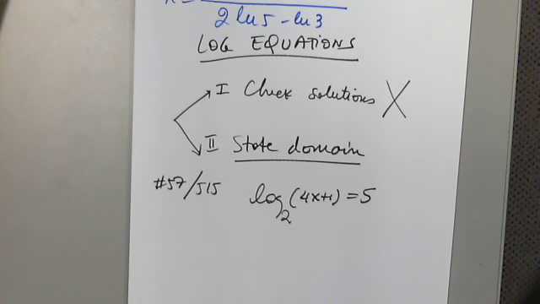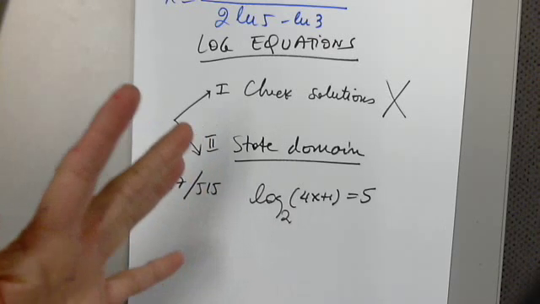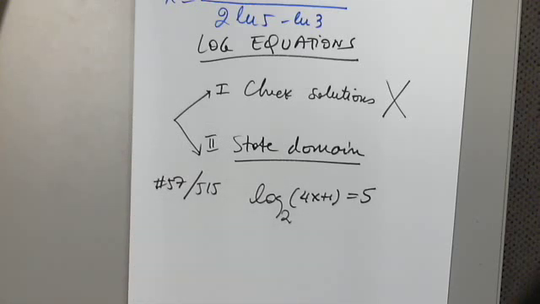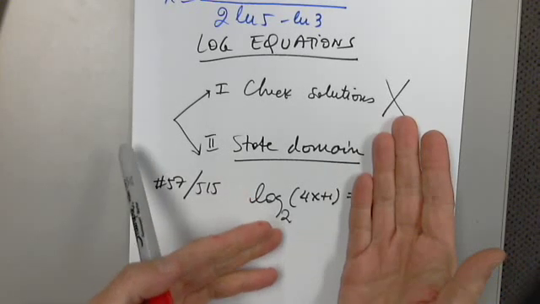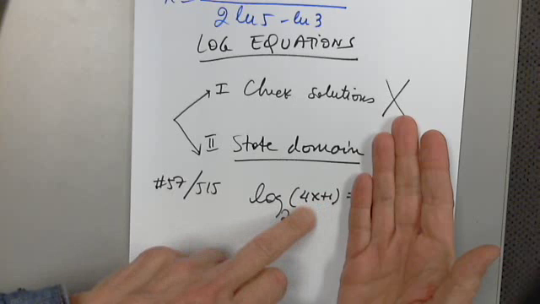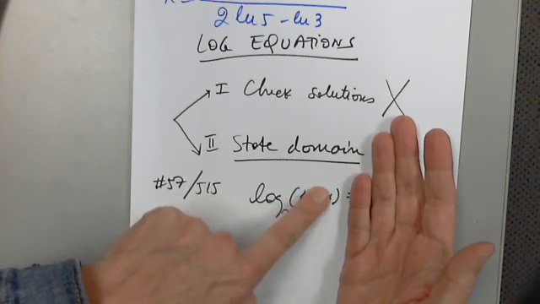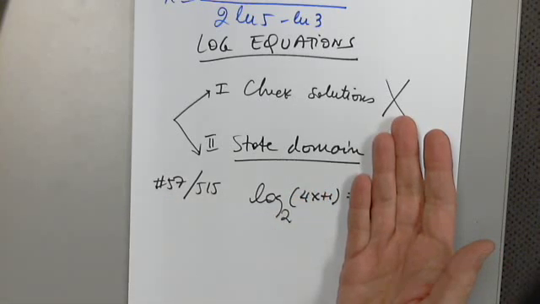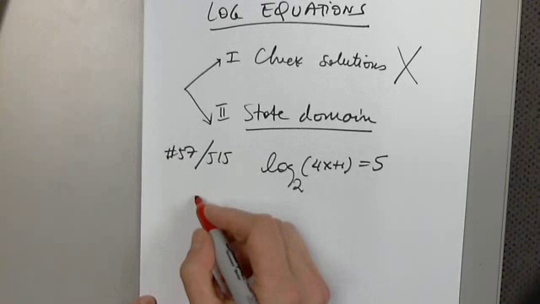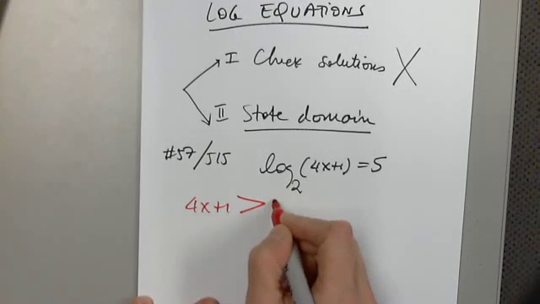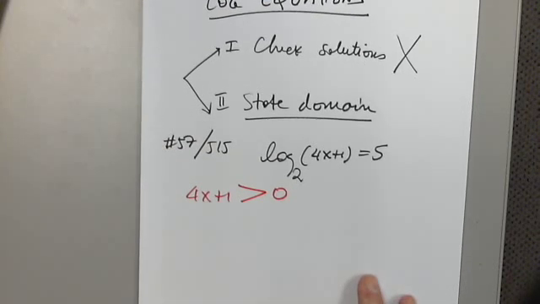I see a log, and I'm asking myself, okay, what is the domain of this function? Look, log base 2 is applied to 4x plus 1. What type of number must 4x plus 1 be for the log to exist? Exactly, very good. So 4x plus 1 must be strictly greater than 0.